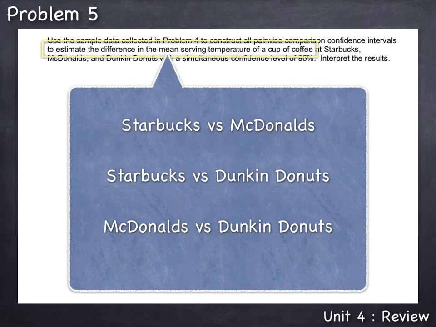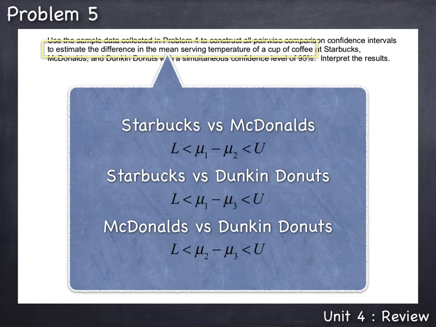Here we're going to estimate the difference in the mean serving temperature of a cup of coffee. So our confidence intervals are estimating the difference in the means. mu1 minus mu2 is the difference in the means between Starbucks, the first population, and McDonald's, the second population.